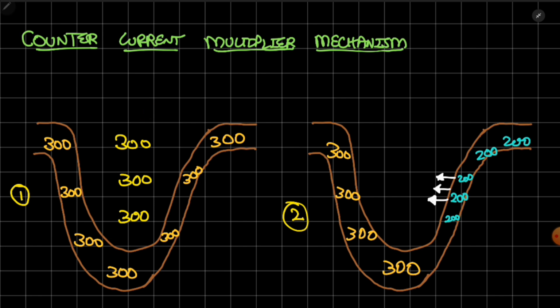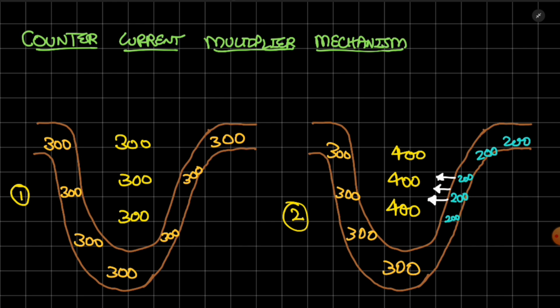Here it was 300, here it becomes 400. 100 is gone from here and 100 is received here. Basically sodium or some solutes are getting out from the thick ascending limb, so the osmolarity of the renal medulla is increasing and the osmolarity of the ascending limb is decreasing.